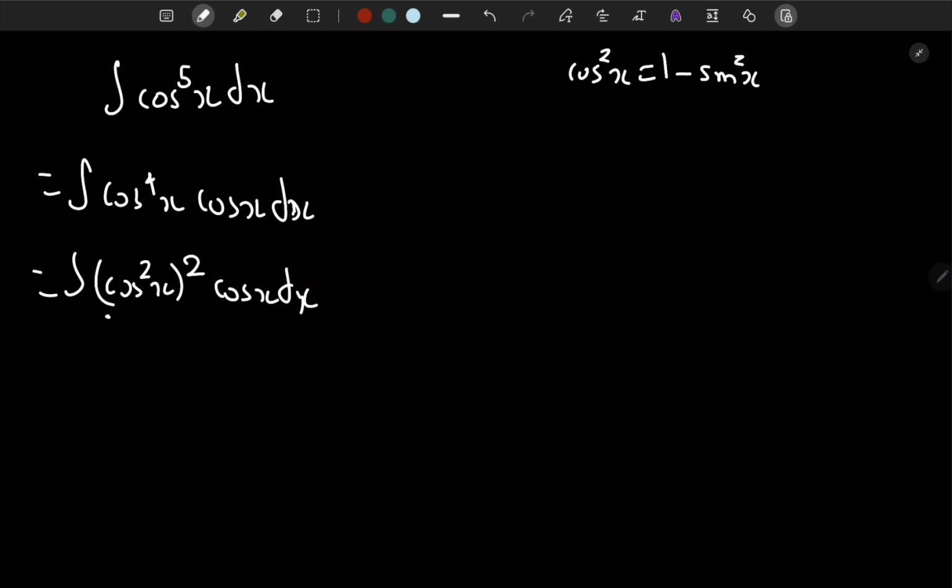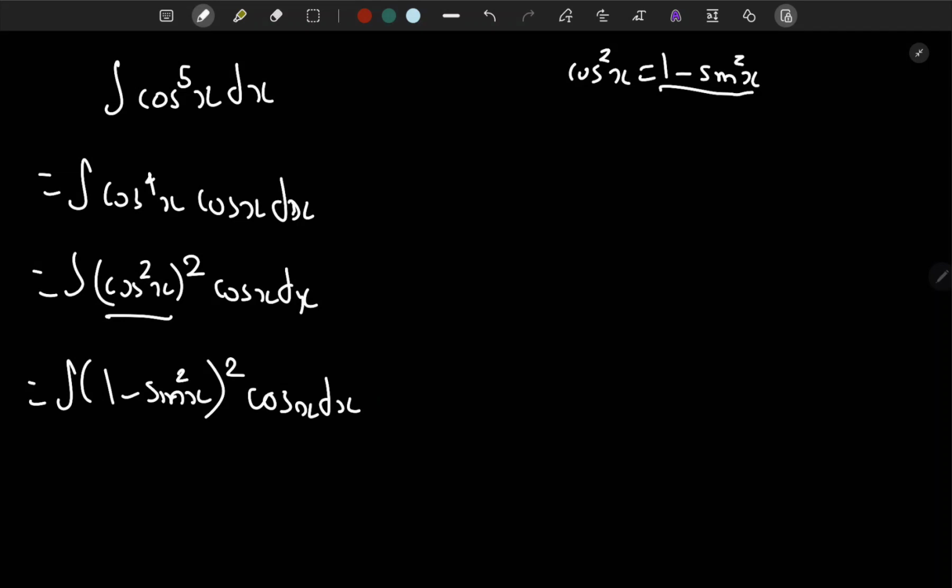Now we can replace cosine squared x with this part here. So it's going to be the integral of 1 minus sine squared x, squared again from the brackets, times cosine x dx.